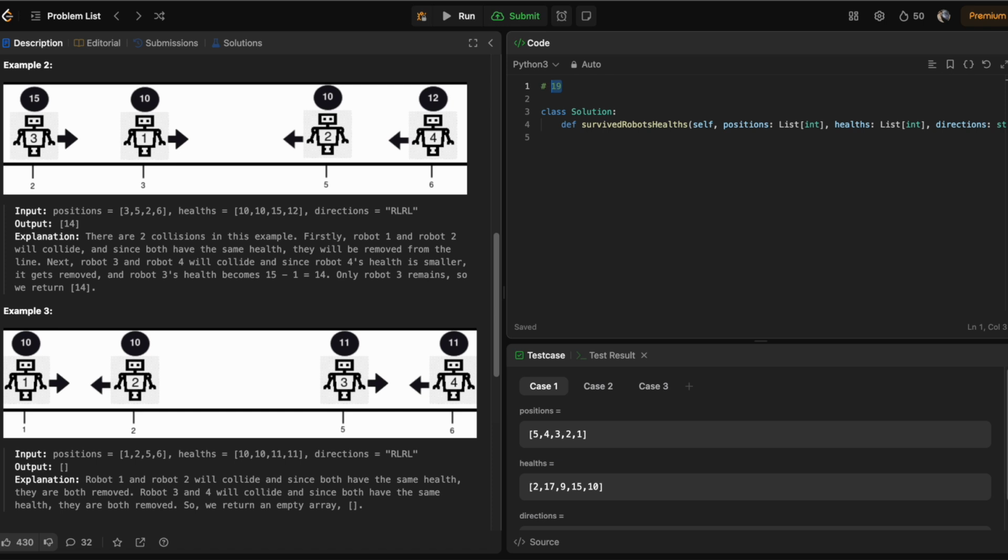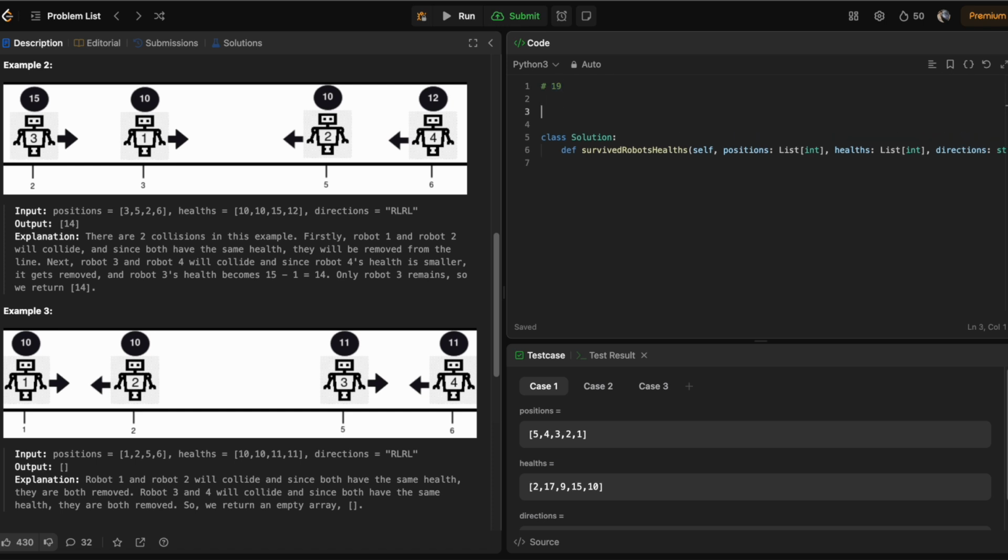So we can have another array and keep track of that robot's health on that array. I was going to say we could just push this onto the answer array, but we also have to keep track of the order for the end.